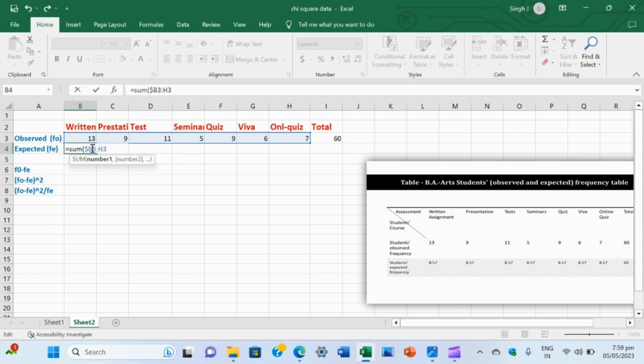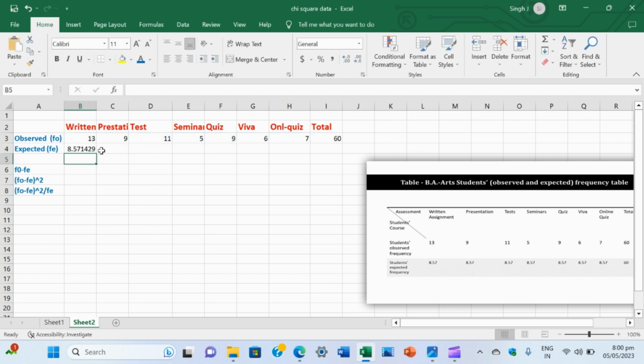So we click $B$3 up to $H$3, then close the bracket and divide by the number of categories, that is 7, and then press enter.